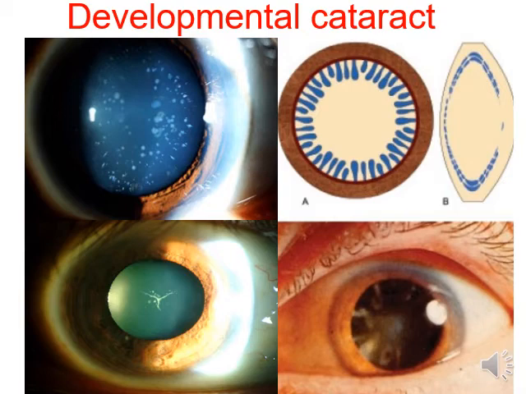There are multiple triangular opacities in the lens. The bases are directed towards the center of the lens, and they are arranged in the periphery of the lens as a crown, and hence the name coronary cataract.